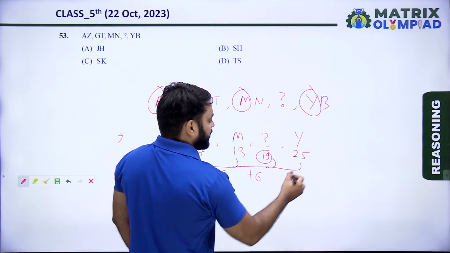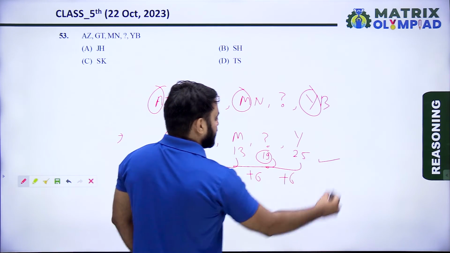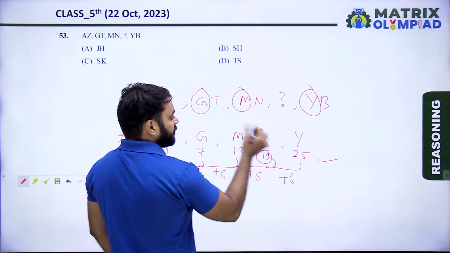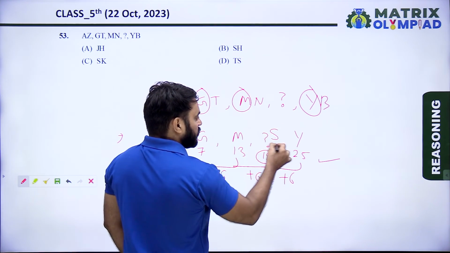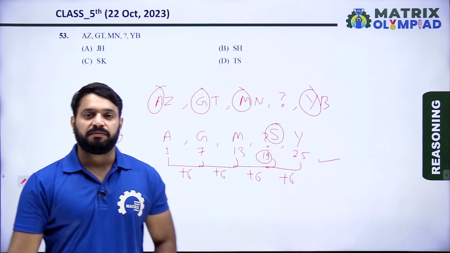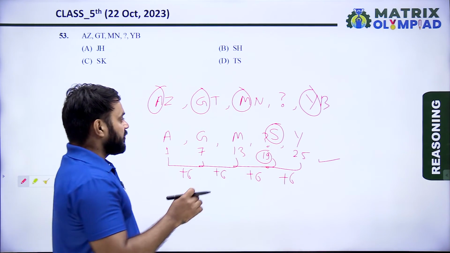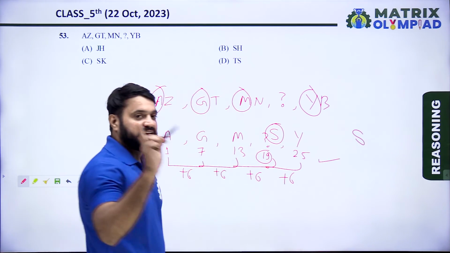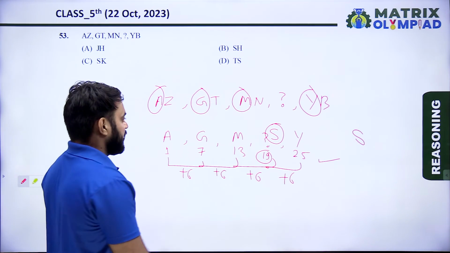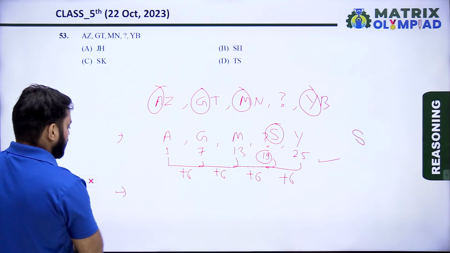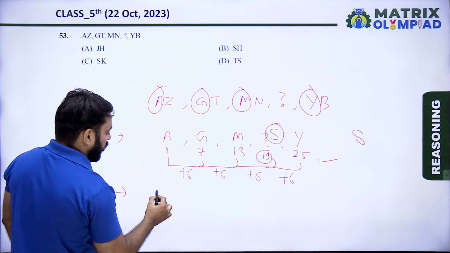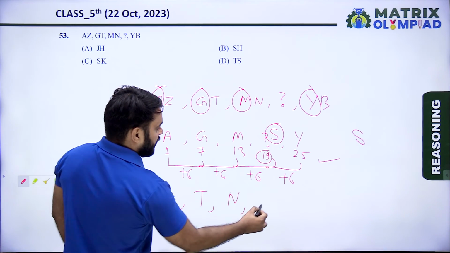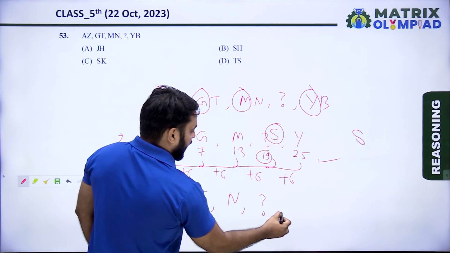Now 19 plus 6 is 25. So 19 means S. So first missing alphabet is S. Now write second alphabet of each term, Z, T, N, missing term, and B.